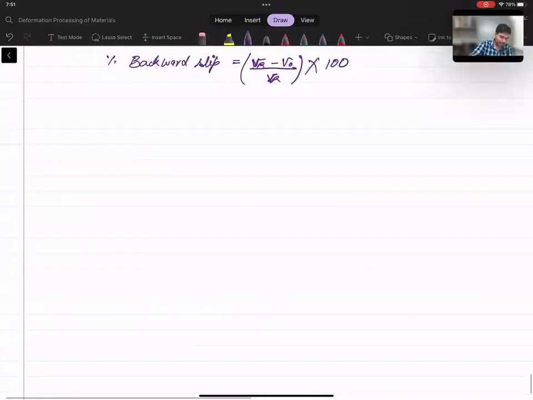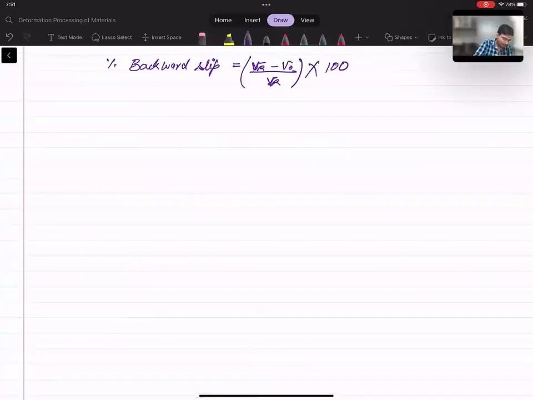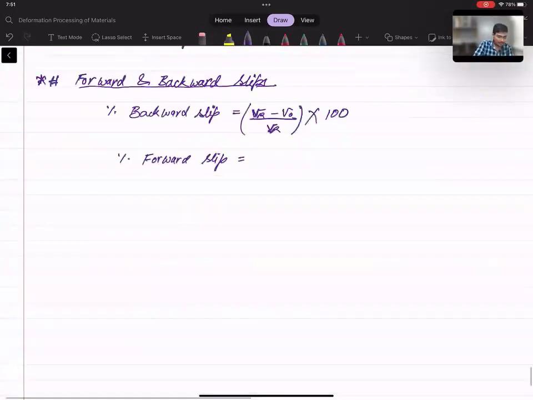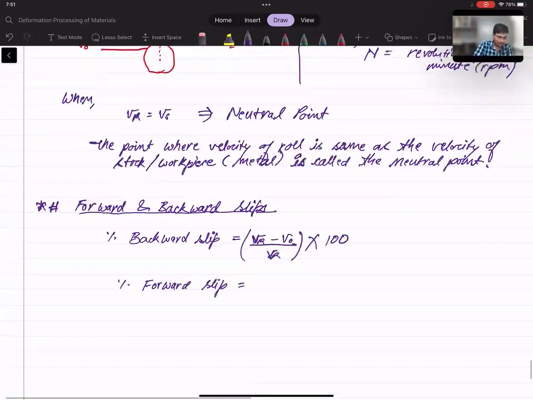Similarly, the percentage of forward slip will be given as follows. Now we will consider the velocity of the roll and the velocity of the outcoming product, which will be V2 here.